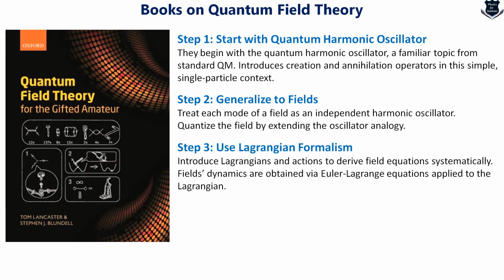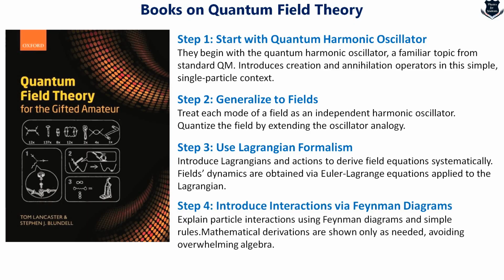That becomes easier. It also introduces Lagrangian formalism, so from here the Euler-Lagrange equations apply to the Lagrangian, and it becomes easier for you to learn. Also, you will see that it introduces interactions via Feynman diagrams, so the mathematical derivations are not so intense, and only that portion is shown which is needed.